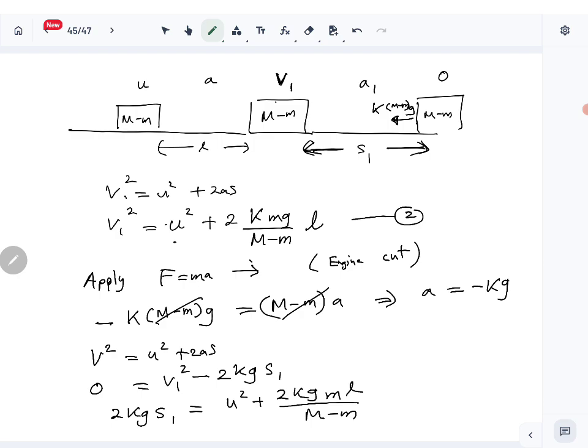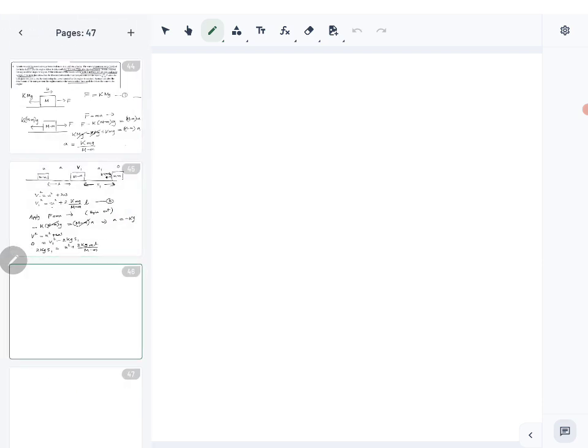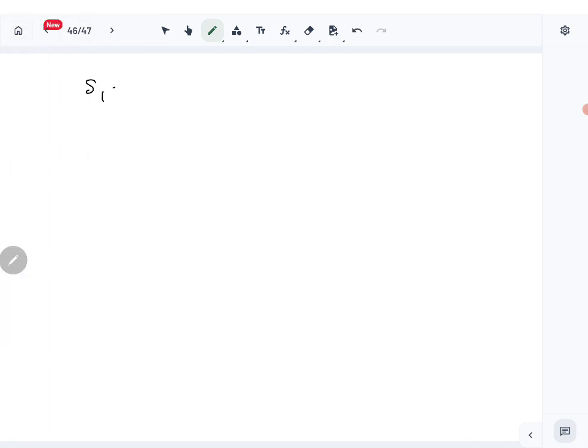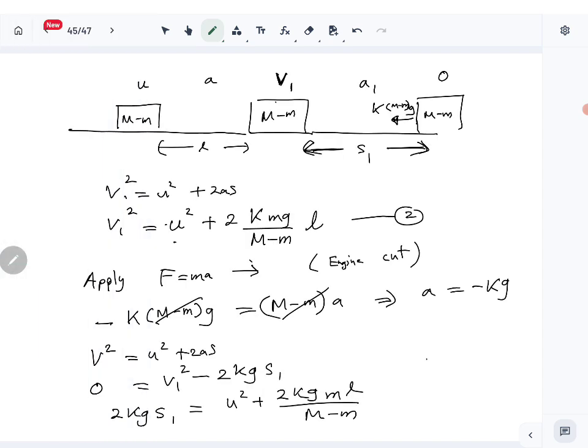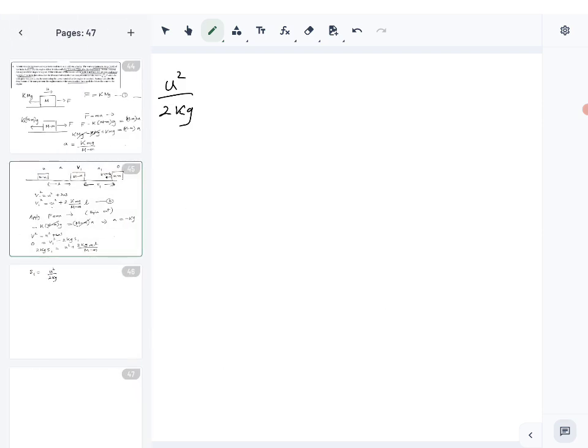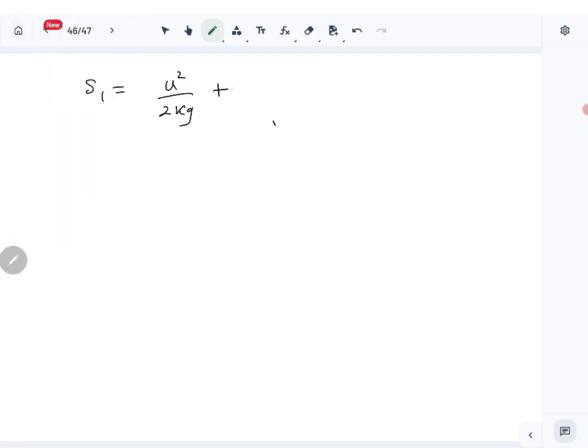So then S1 is equal to u squared over 2kg plus, the 2kg cancels, mL over capital M minus m.